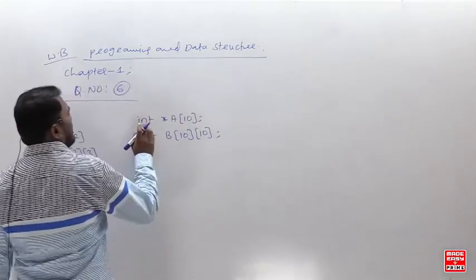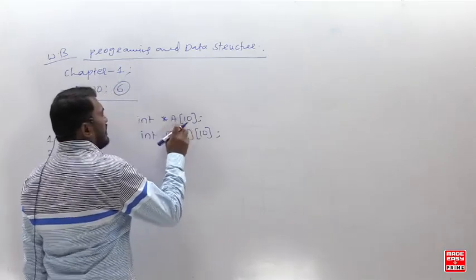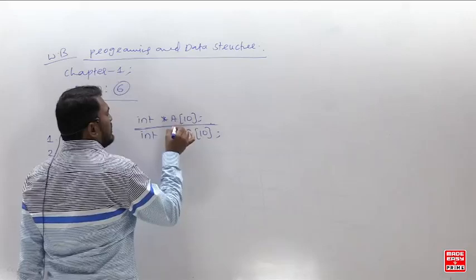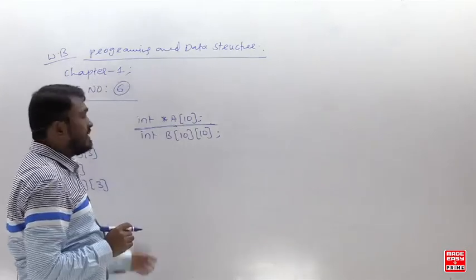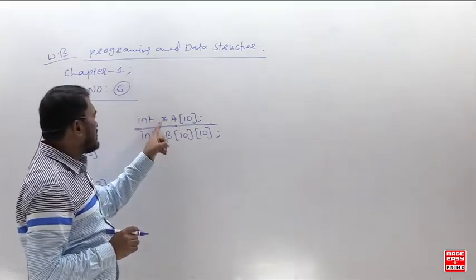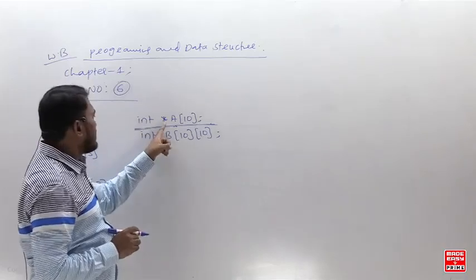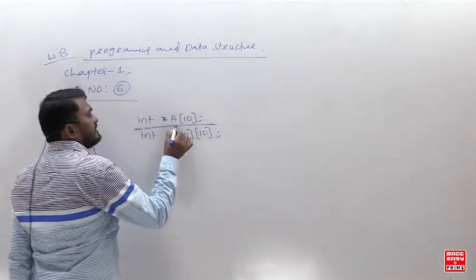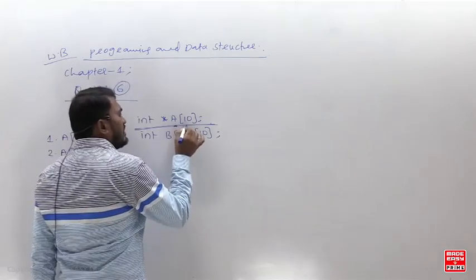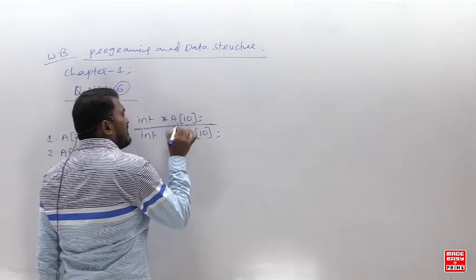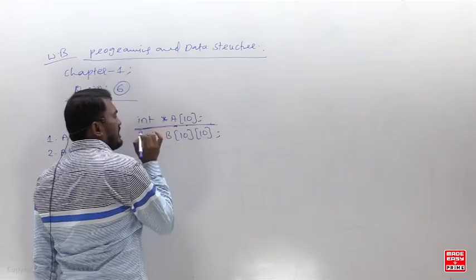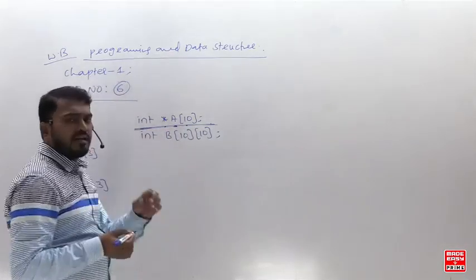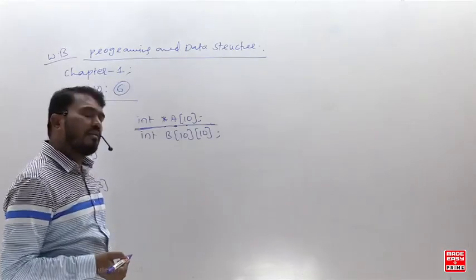Read this declaration, int *a[10]. What do you read? a is an array of pointers, an array of pointers of type integer, where we can store addresses of integers.